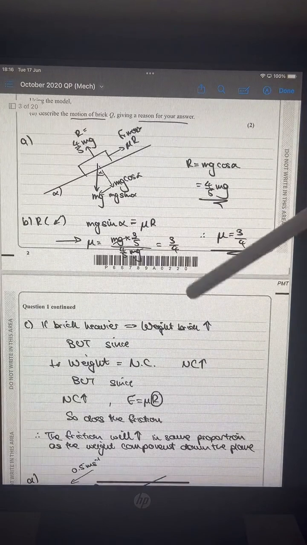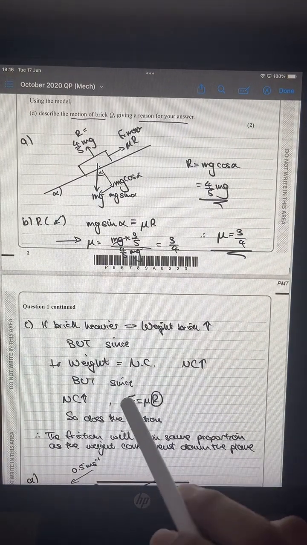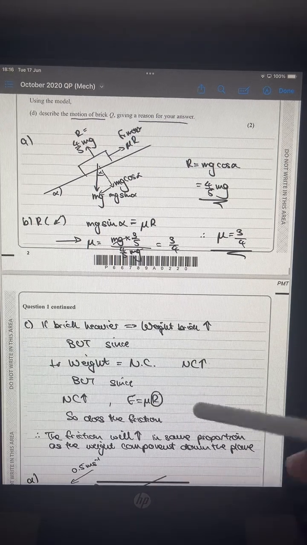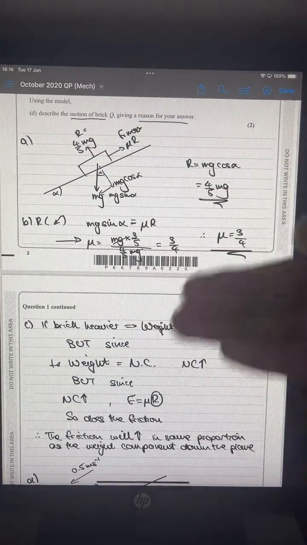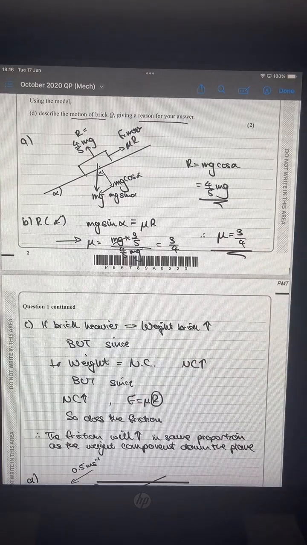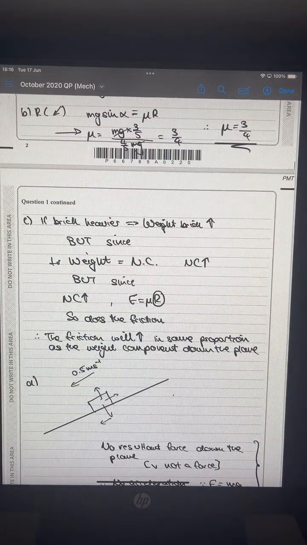So if the normal reaction force increases, what else increases? Friction. Why? Because friction is equal to mu times the normal reaction force. So if you put a heavier brick on that slope, the friction is also going to increase if the coefficient of friction stays the same. So if the friction increases in proportion to the weight, that's why it does not move down the slope.